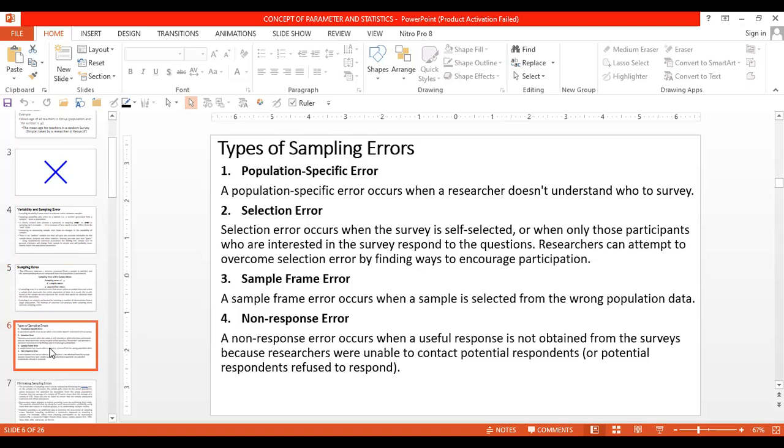There are types of sampling errors. One is population-specific error. The population-specific error occurs when a researcher doesn't understand whom to survey.